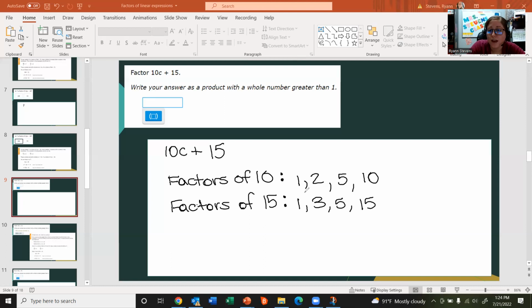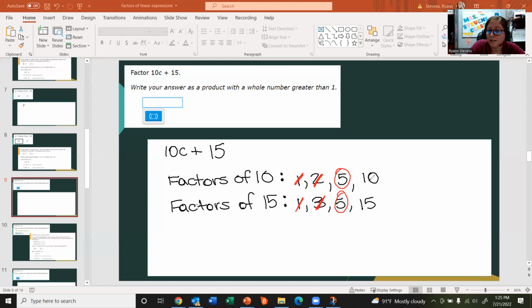Again, the rule with factoring is it has to be greater than 1, so 1 is out. 2 can go into 10, but can't go into 15, so that one's not going to work. You have to go into both 10 and 15. 3 can go into 15, but can't go into 10, so that's not going to work. 5 looks like it's probably going to be our correct one, but let's keep going just to make sure.